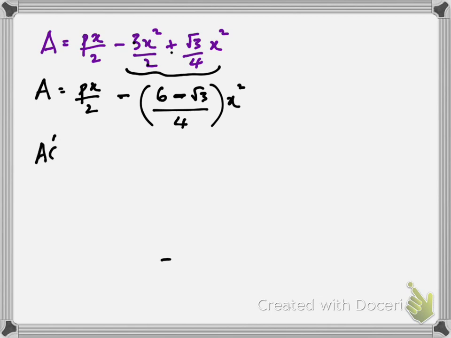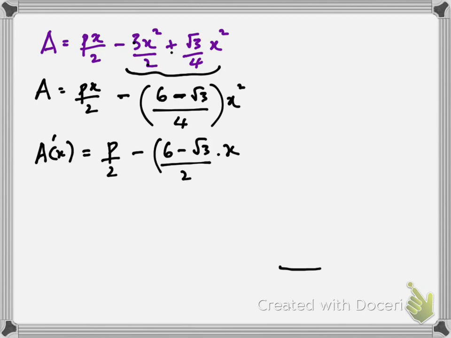Okay, next step is to differentiate. So A dash of x equals p over 2 minus, the 2 comes in front, so 2 divided by 4 by 2, so 6 minus root 3 over 2 x, and then you equate that to 0. So that can go in a bracket, and this can go away.